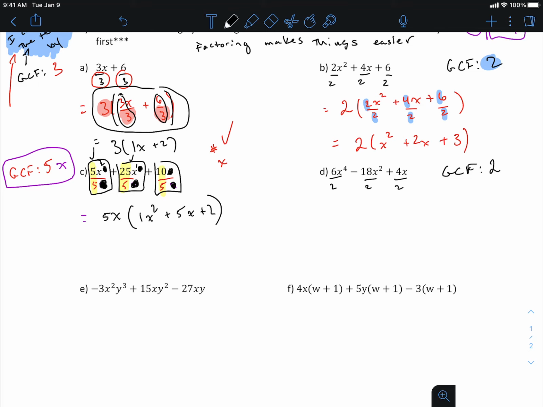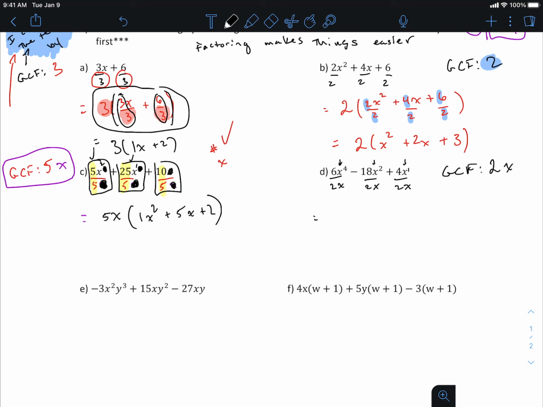Let's just see what we can divide them all by. Well, it looks like you can't take 4 x's because this one doesn't have 4, but they all have at least 1 x, right? So you can divide them all by at least 1 x. Okay.